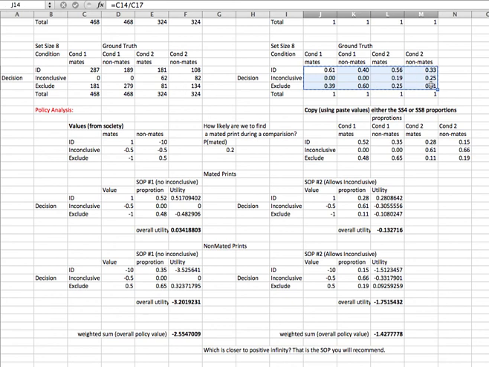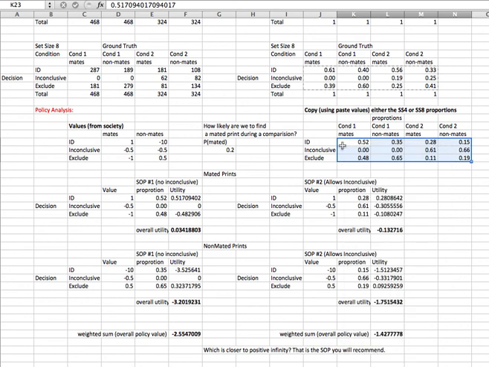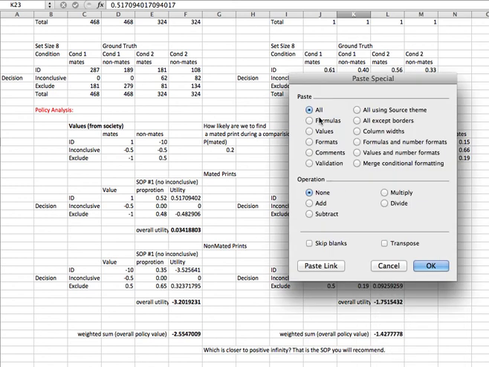We can also come in here and we can paste the data from the set size 8 condition to ask whether you should have a different set of values for trials that are easy versus hard. And so if I paste this right here, paste special, we get the values.